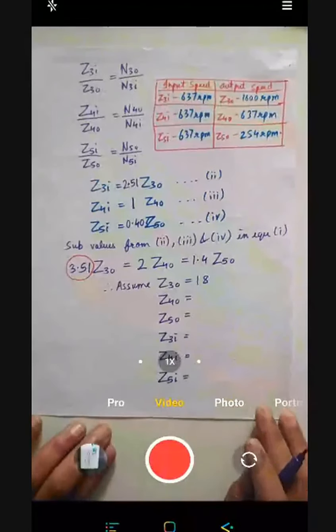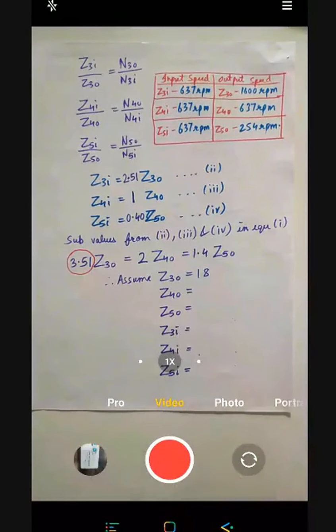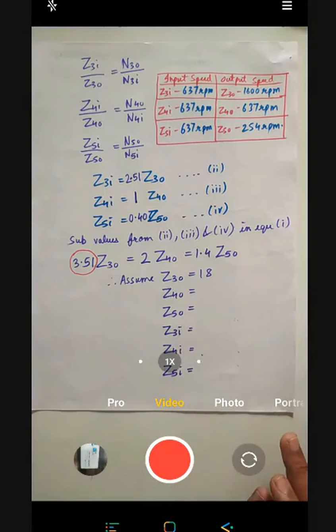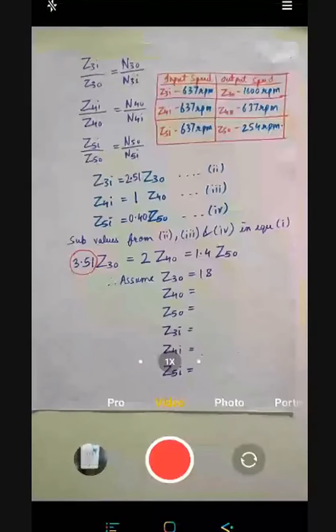Yes, please calculate. I have assumed 18. I want Z4, Z5, Z1, Z4. Then we will validate and then go for gearing diagram.